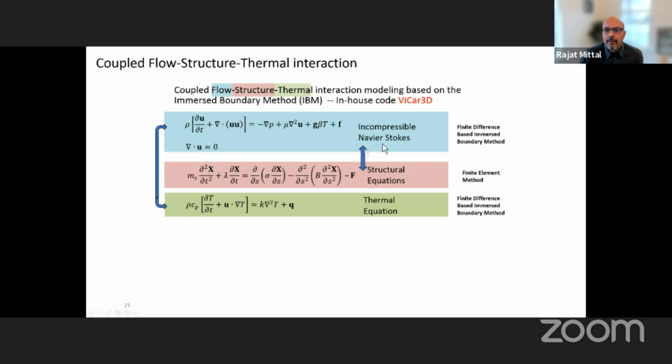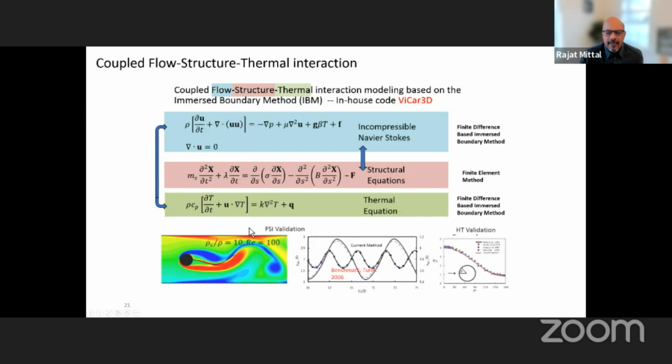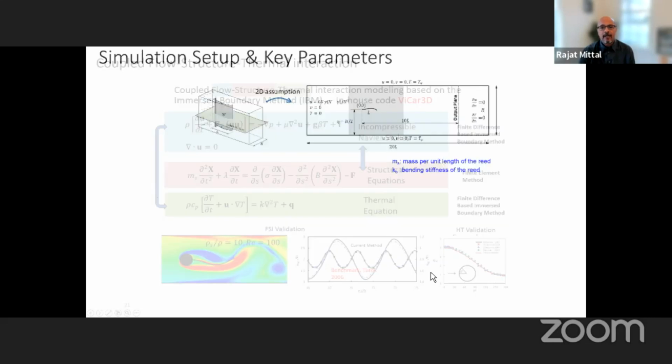Here we have the incompressible flow solver. We also coupled to it a finite element solver for the structural equations, and then a thermal solver to solve for the heat transfer. We did a bunch of validation studies for fluid-structure interaction and also for the heat transfer, and we showed that we can predict both the structural vibration and flutter as well as heat transfer fairly well.